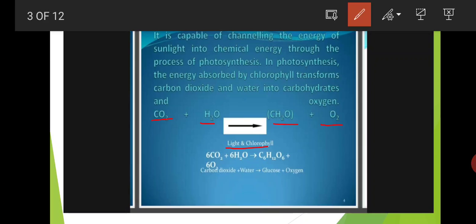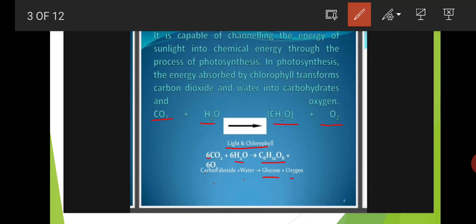The main reaction is 6CO2 plus 6H2O gives rise to C6H12O6 plus 6O2. Carbon dioxide plus water is converted to glucose plus oxygen. This reaction occurs in the presence of sunlight and chlorophyll.